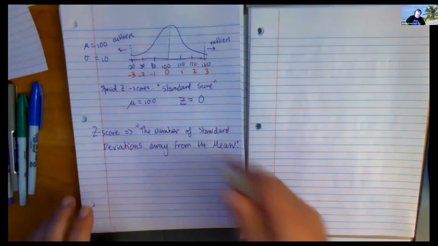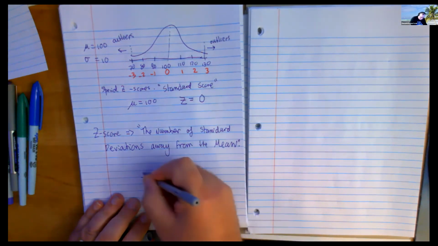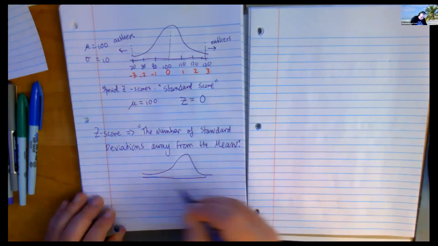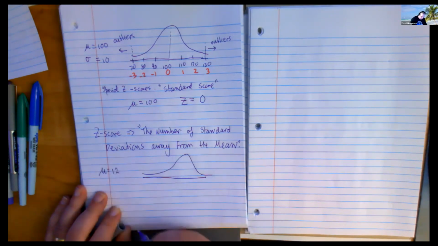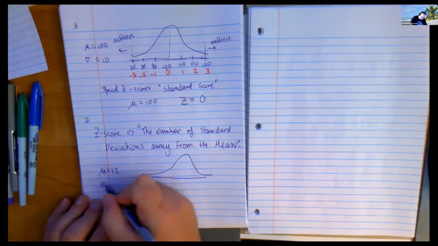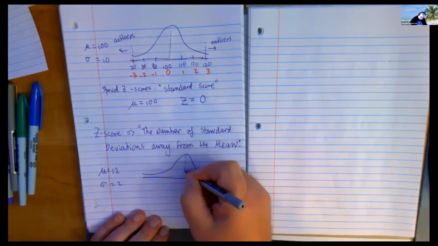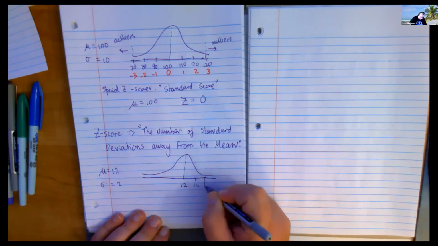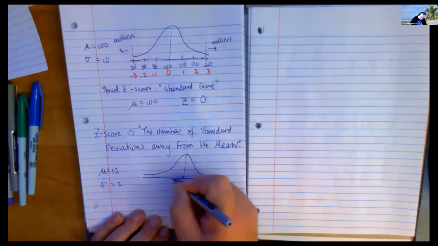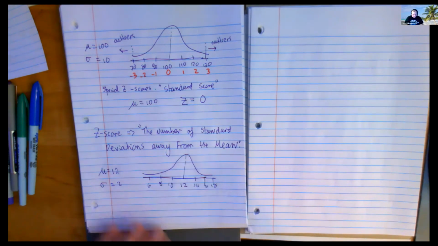Now I'm going to return back to this fella for a minute, and I'm going to do a totally different distribution. And let's suppose in this distribution, the mean was 12, and the standard deviation was 2. So in this picture, that guy is 12. This guy will be 14, 16, and 18. And going backwards, we get 10, 8, and 6.